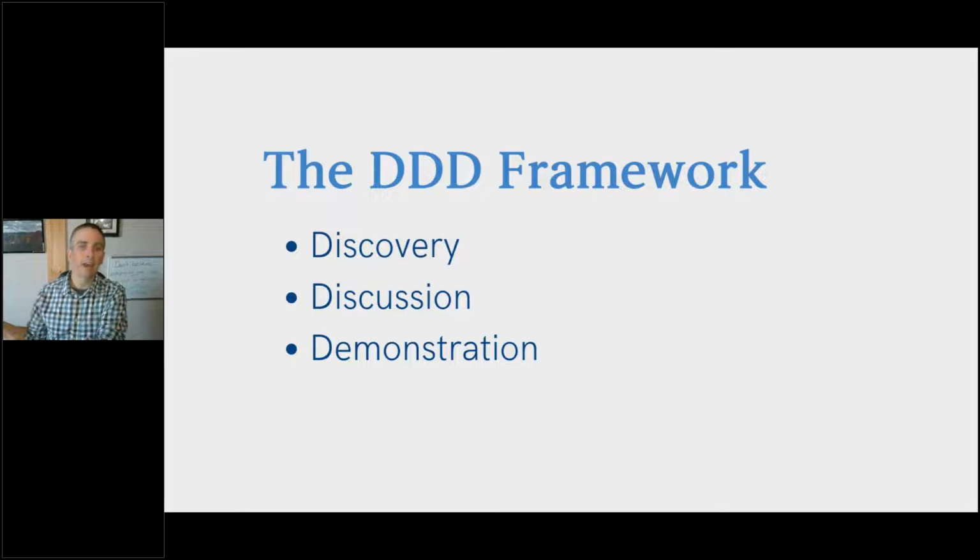You take any technology tool that you're considering using or that's presented to you and think about it. Will it help my students discover something new? Will it help them engage in a discussion in a new way? Or will it help them show what they know, show their knowledge of a process, or do something that they previously couldn't do without the use of technology?